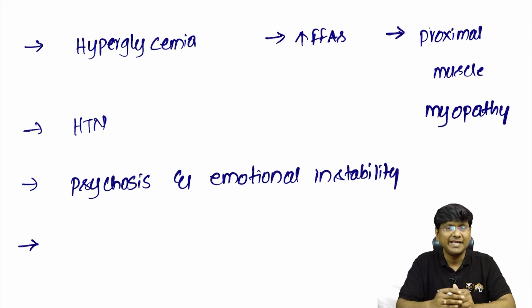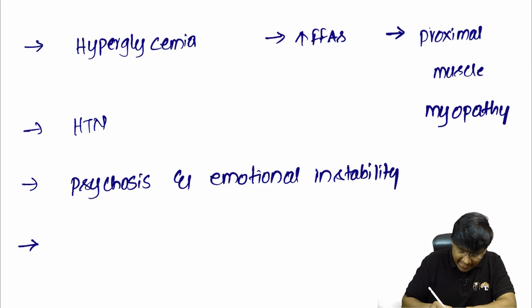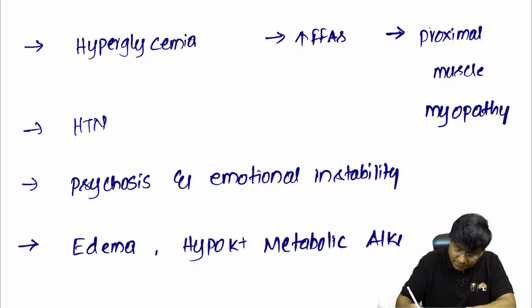And followed by that, in patients with the ectopic ACTH, please remember there is excessive activation of ENaC causing edema, and not only edema, there will also be hypokalemic metabolic alkalosis.